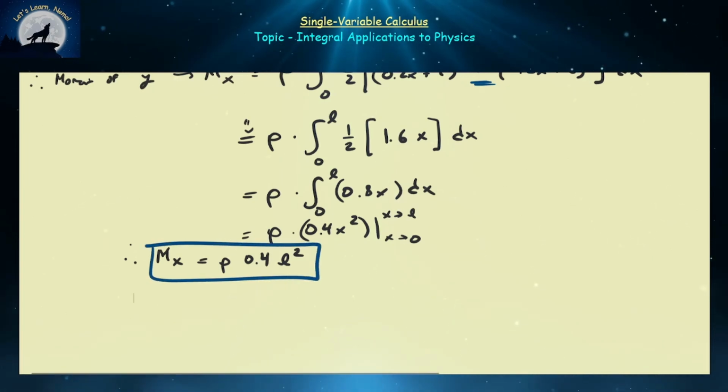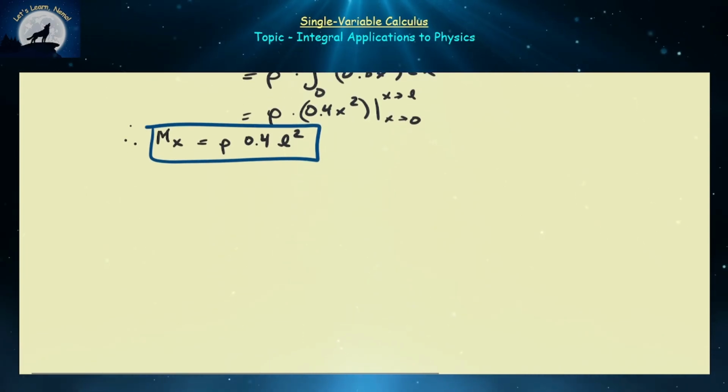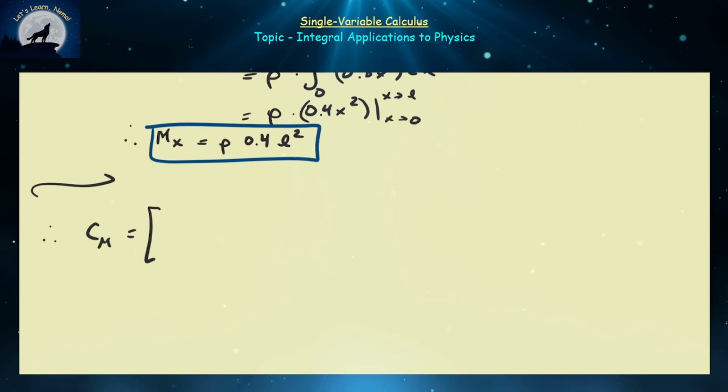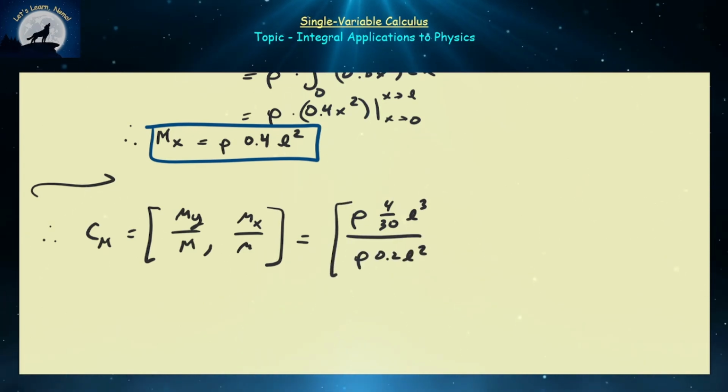So now that we have My, Mx, and m, now we should be able to find our center of mass. So therefore, our center of mass will be equal to, so let's just recall the equation, My divided by m, and then Mx divided by m. For our equation, that's going to come out to My, which is rho times 4/30 L cubed, all over rho times 0.2 L squared.